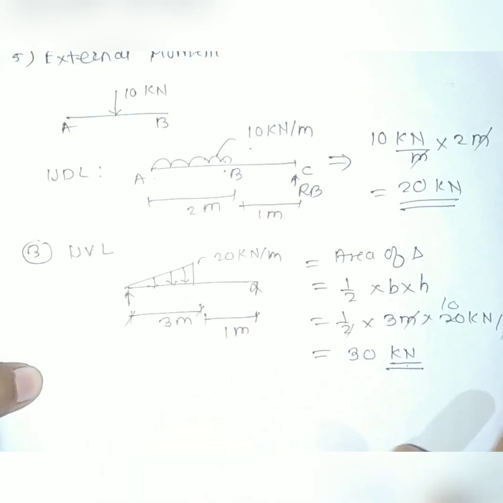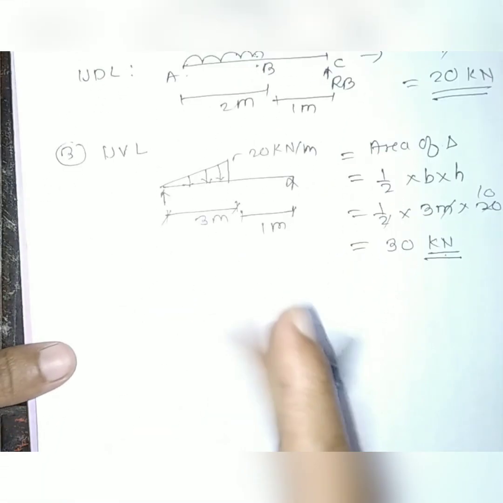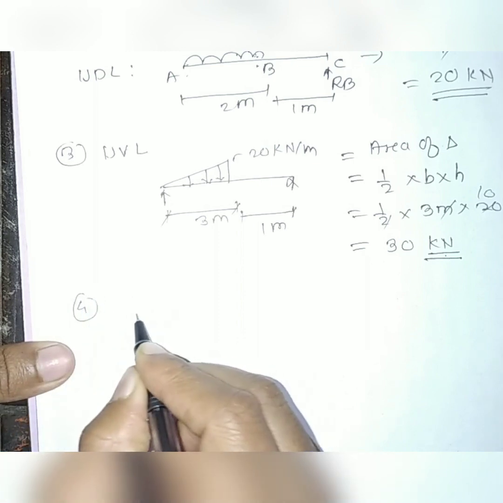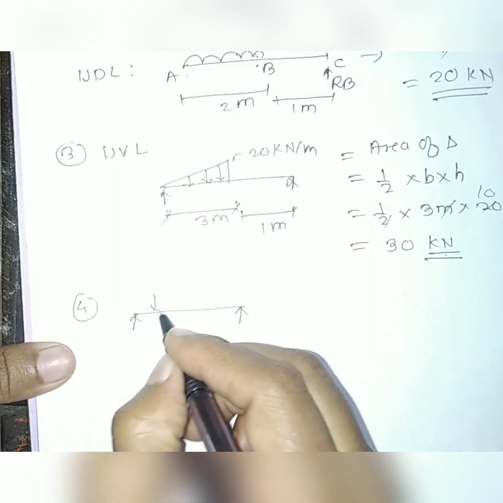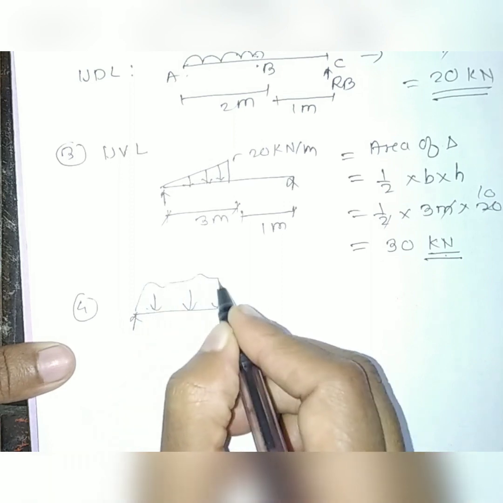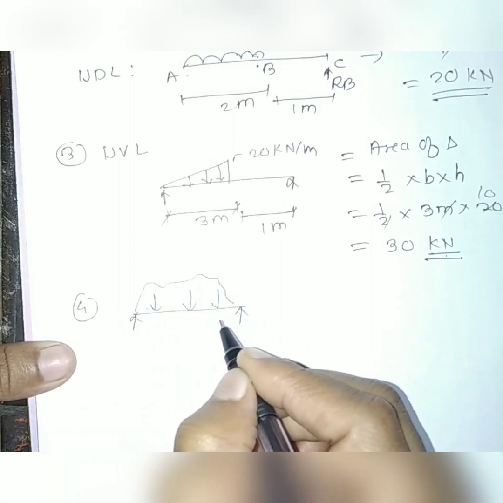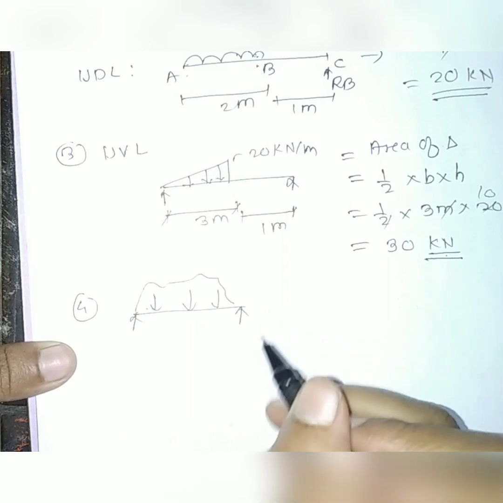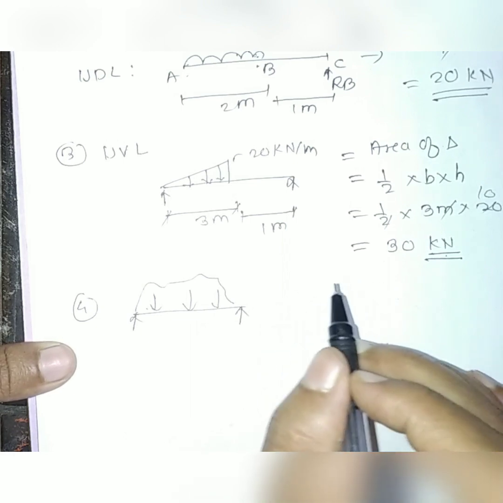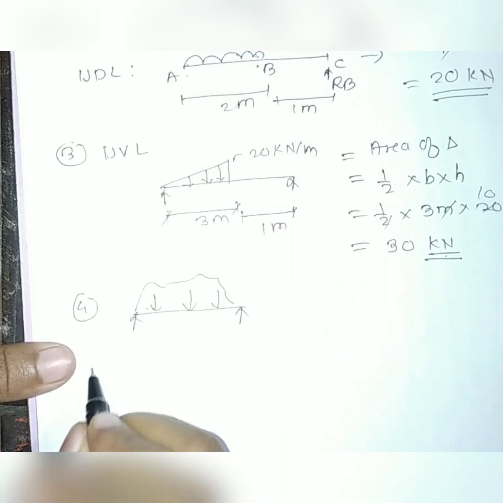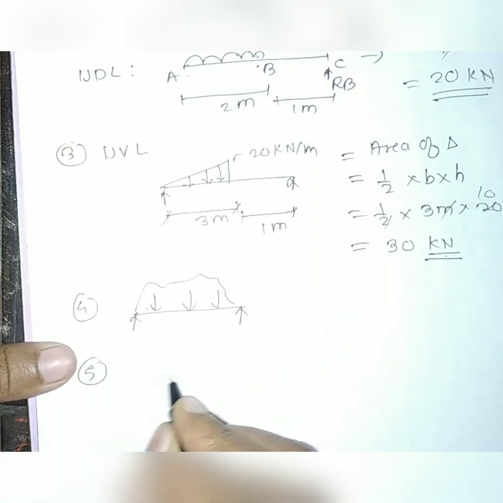Then the next one is general loading. This is a symbol for general loading. Okay. The analysis of such loading is done by replacing it with a set of equivalent concentrated loads. Then the last one is external moment.